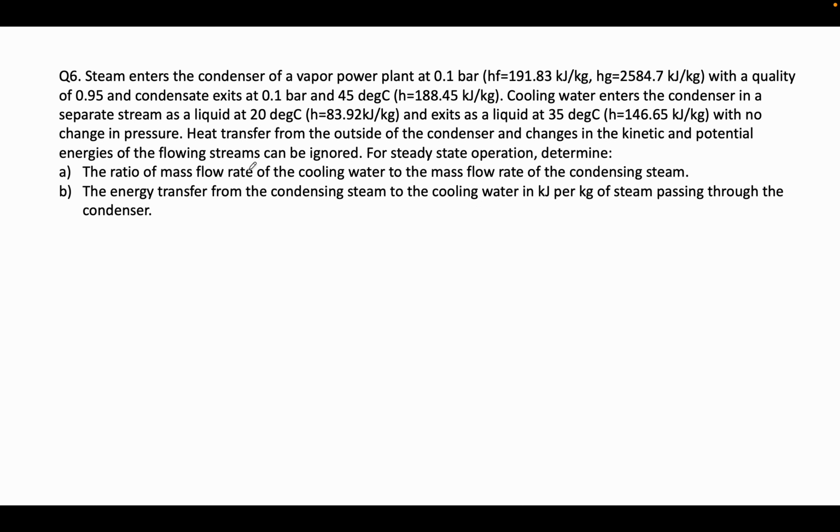Now cooling water enters the condenser in a separate stream as a liquid at 20 degrees Celsius, where h is given to us, and exits as a liquid at 35 degrees Celsius, where h is also given to us, and there is no change in pressure.